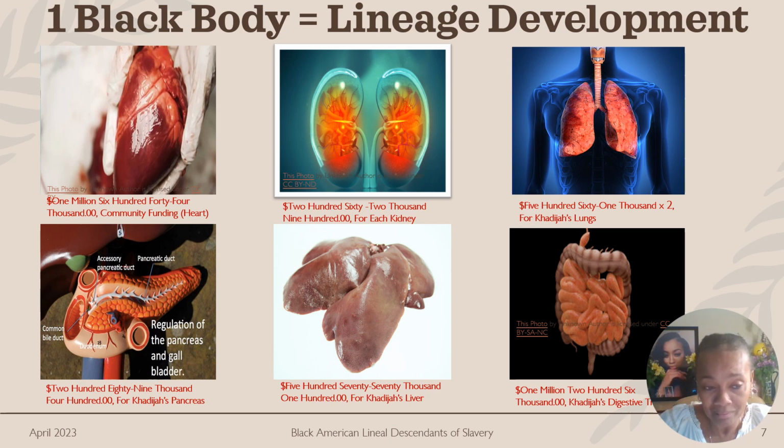The money or the grants that would come from the amount left over from an insurance company, from a surgery, because I'm sure they're not buying all new equipment, could go into the slave descendants community.